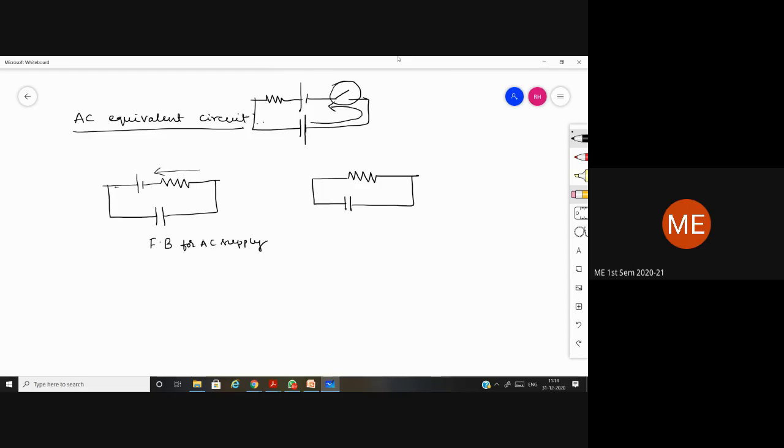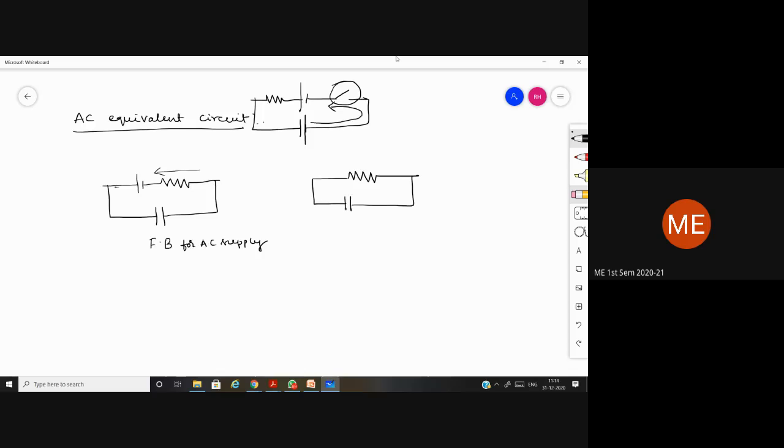So open switch means the circuit has broken, so the current cannot pass. Current cannot pass means we consider that as resistance only. So now tell me, what is the value of the resistance? Infinity.